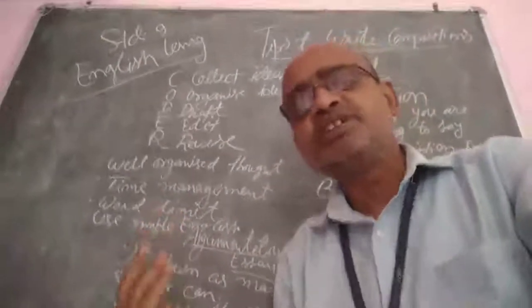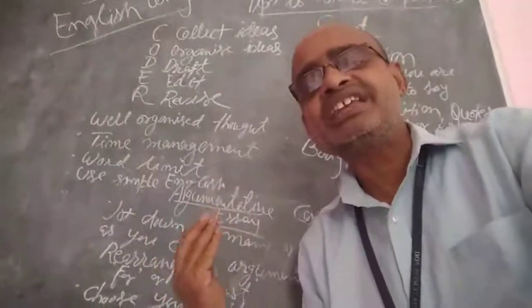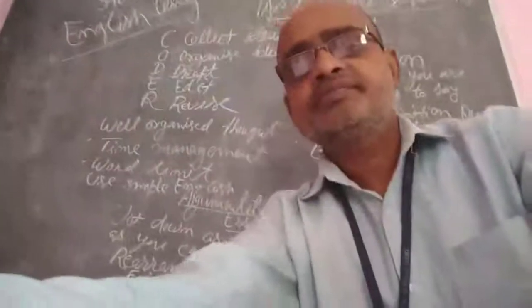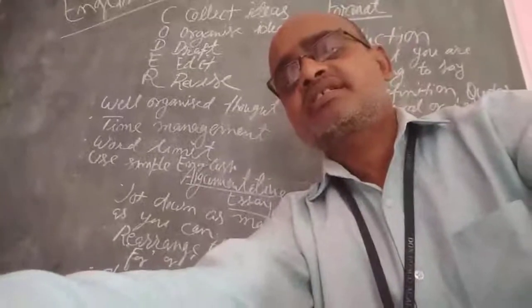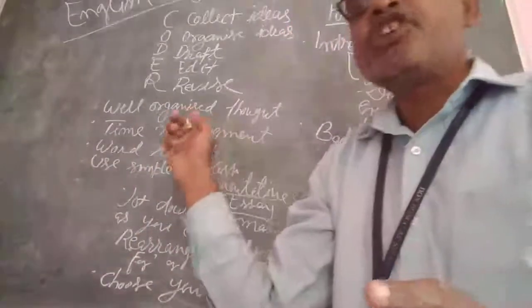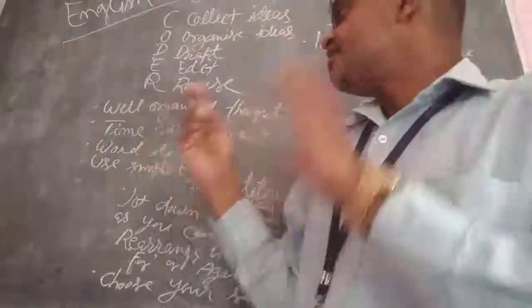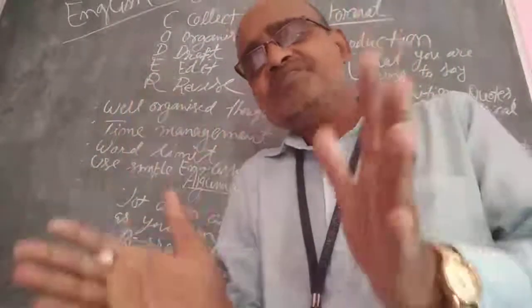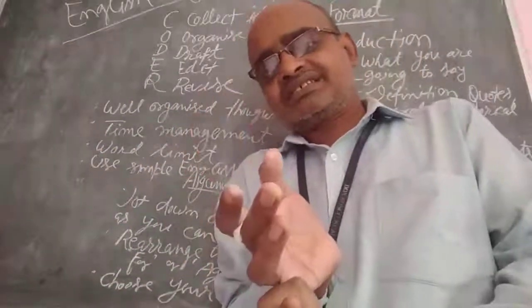Please use simple words, but your sentence construction must be grammatically correct. So these are things you have to follow while you are writing a composition. It must be well organized thought. You have to manage time. Then word limit. Use simple English.